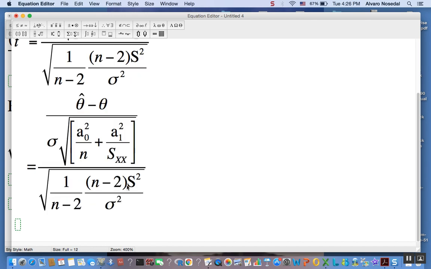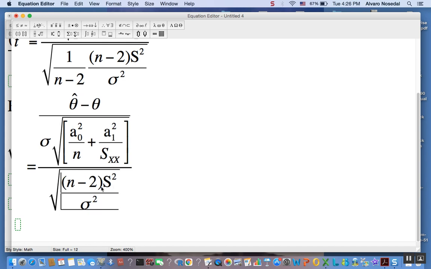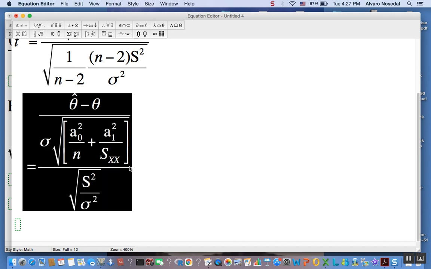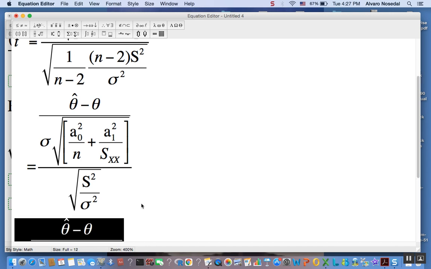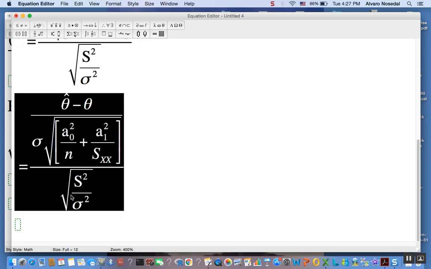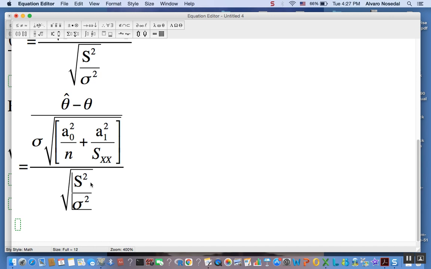So instead of having all this, in the end we just have S divided by sigma in the denominator.